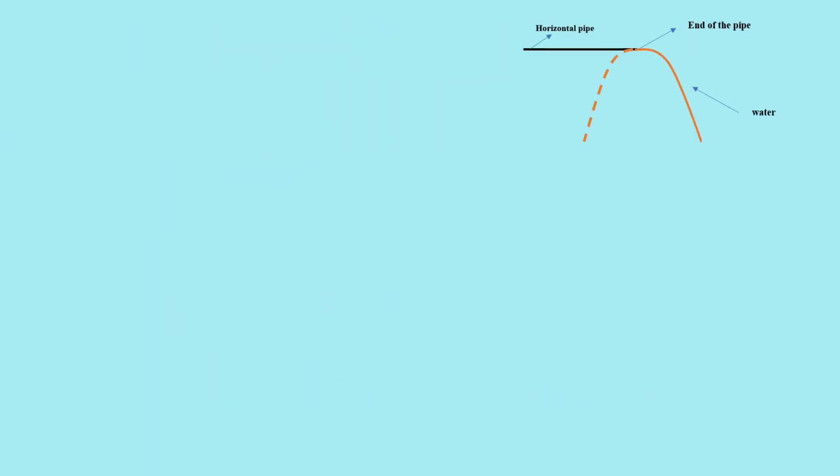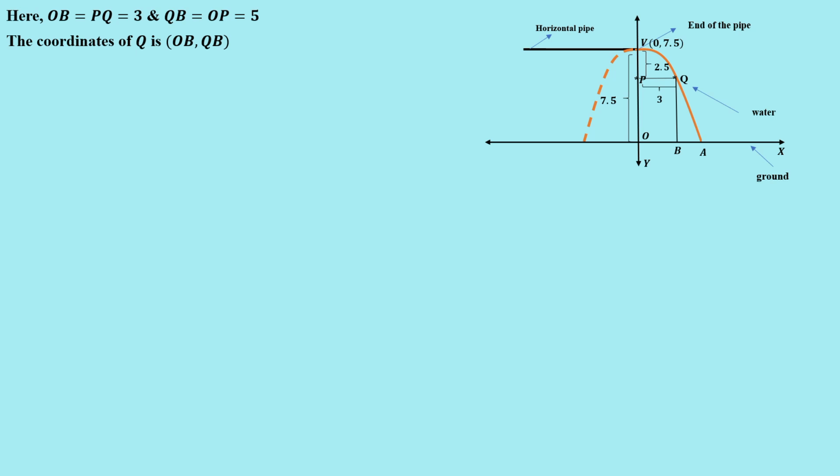We are drawing again because we need the diagram. Now here OB is equal to PQ, which is equal to 3, and QB, which is equal to OP, is equal to 5. The coordinate of Q is (3, 5).